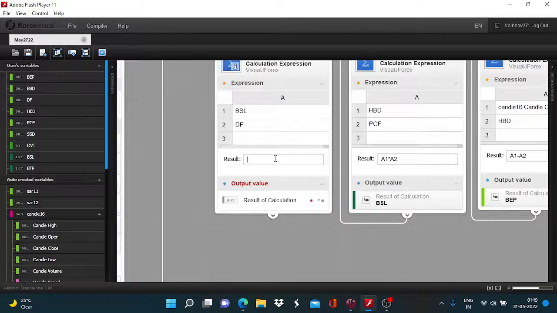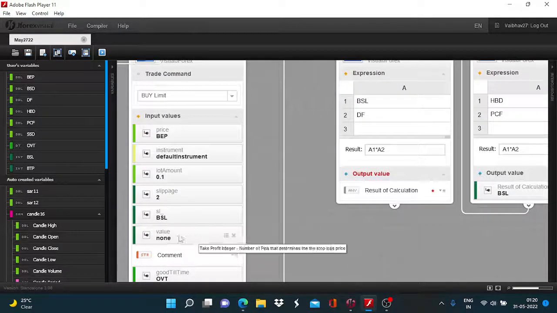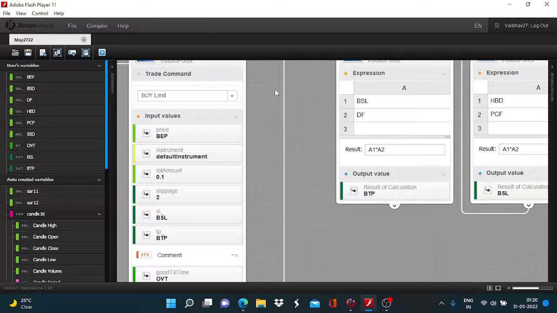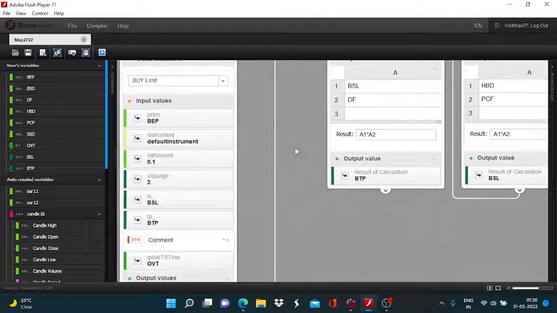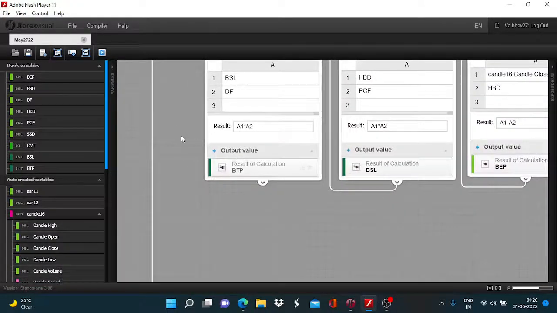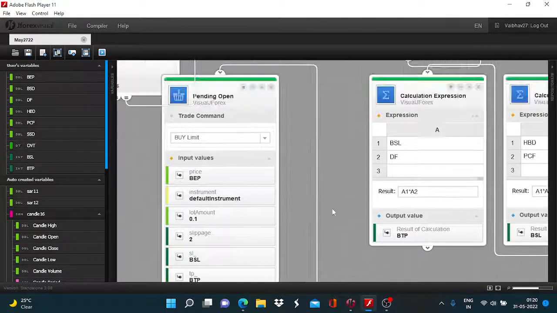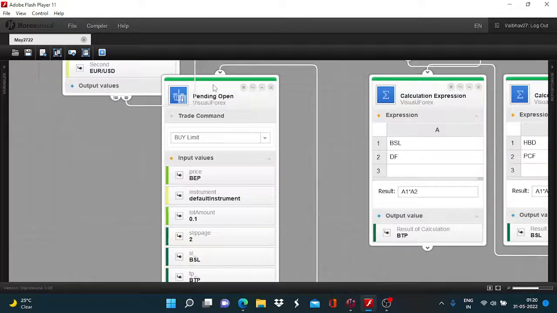Again, this becomes A1 into A2. Take profit will be utilized from this. Okay. Now we need to define one more variable of the order validity.